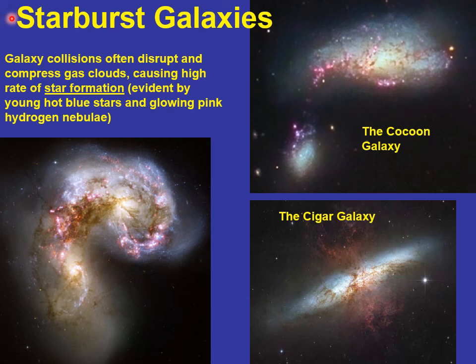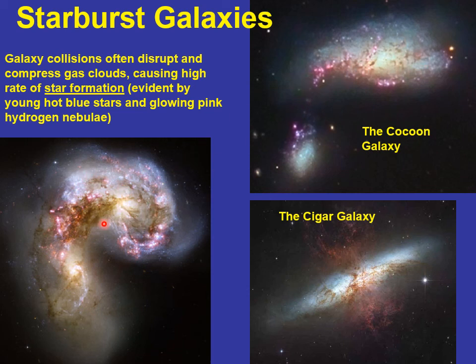I mentioned earlier when we talked about irregular galaxies that they're often called starburst galaxies, and this is because after galaxies interact and merge together, as is shown in these pictures, the galaxies are disrupted and the gas and dust becomes compressed or disturbed inside of the galaxy, which triggers new star formation to start. So inside of these galaxies, notice there's a lot of blue and pink colors.